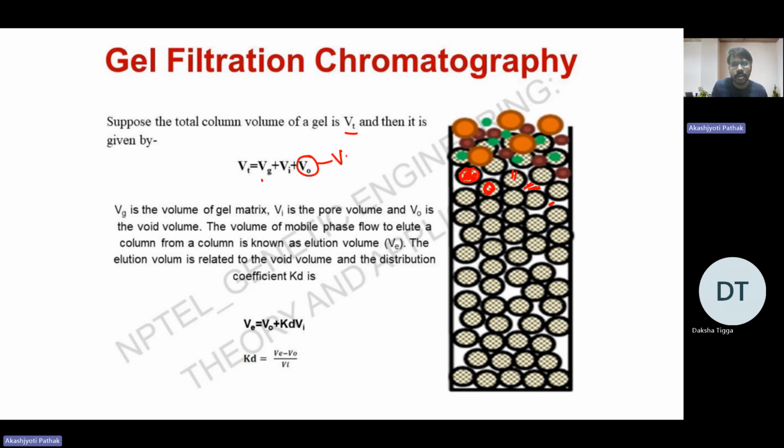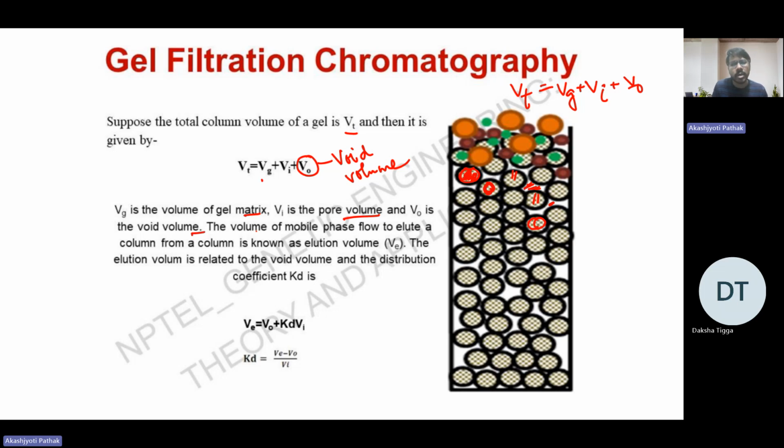Vo is called the void volume. Okay. So the volume of your column Vt will be the volume of these gel beads plus the volume of these pores, Vi, and the void volume. Vg is the volume of the gel matrix, Vi is the pore volume, and Vo is the void volume.